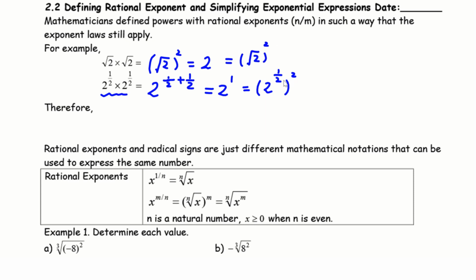So both numbers squared equal 2, so the square root of 2 equals 2 to the exponent 1 over 2. And by default, we know that a radical sign with no number at the front means 2.